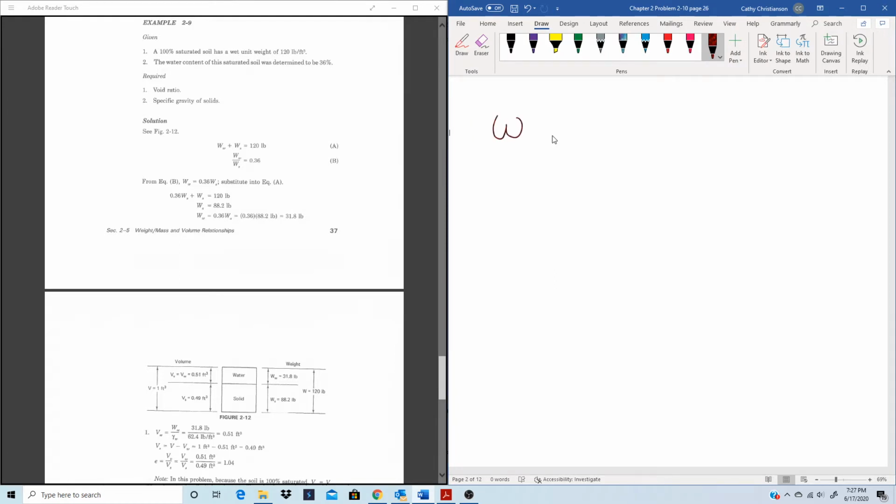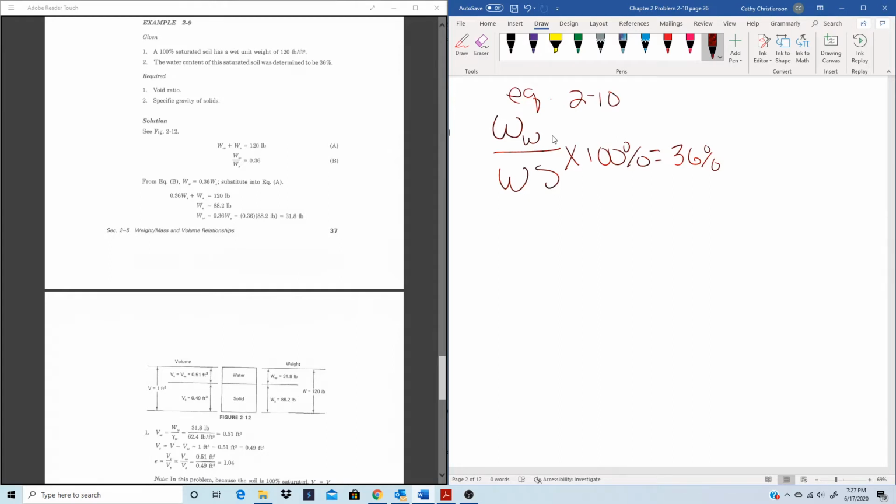Water content is equation 2.10, so it's WW over WS times 100, and we were given that it's 36%.